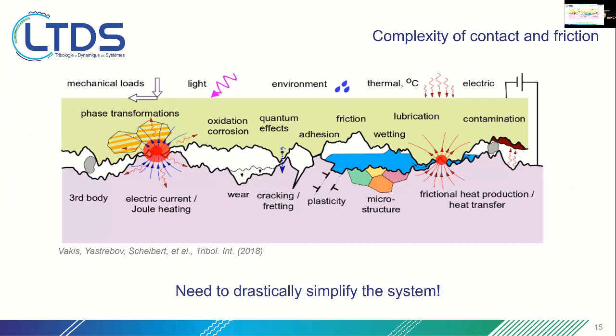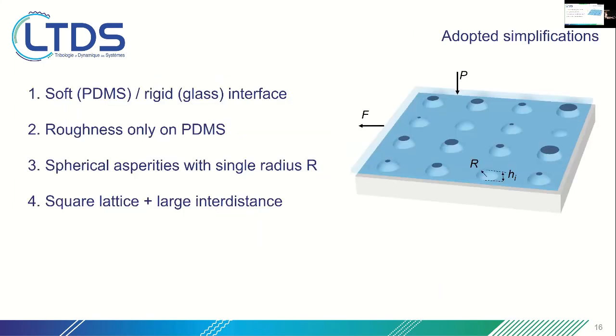And in fact, what we have been doing is dealing with this type of simplified interface, with four hypotheses. First, deformation is available only on one of the two solids, being a soft PDMS elastomer, while the other solid is a rigid glass. Second, the roughness is only on the soft solid.